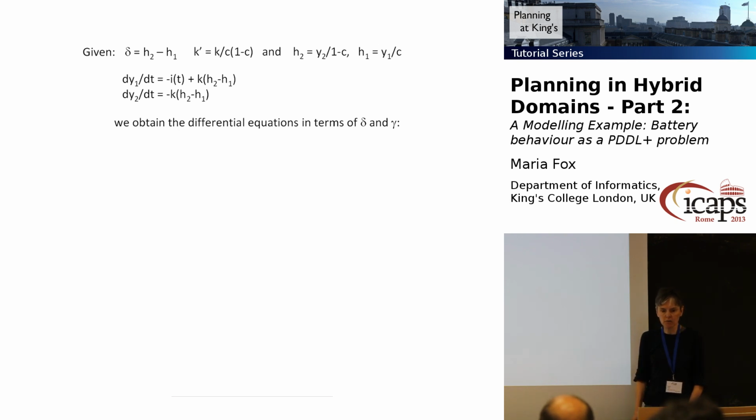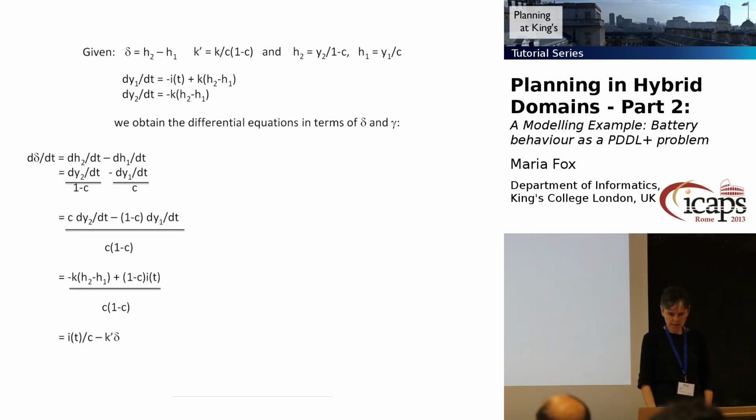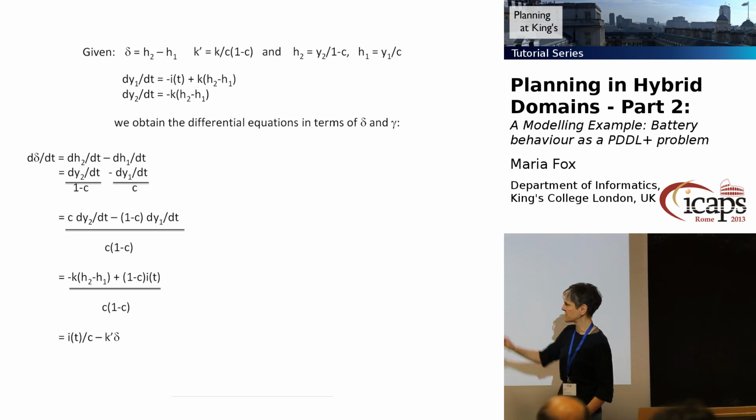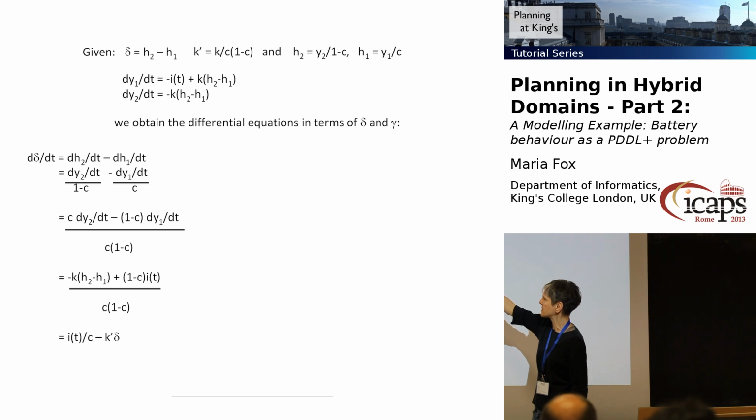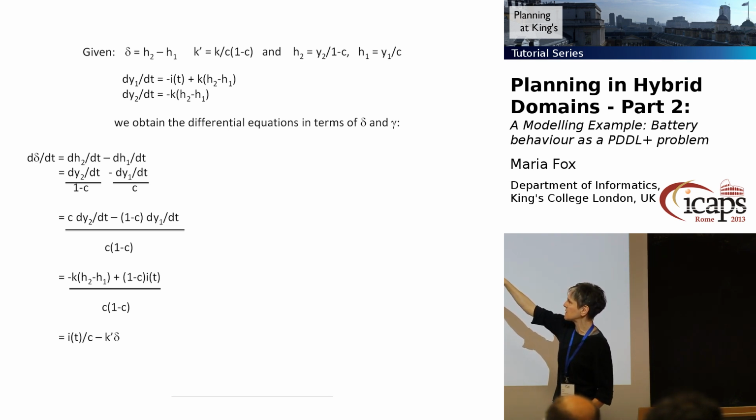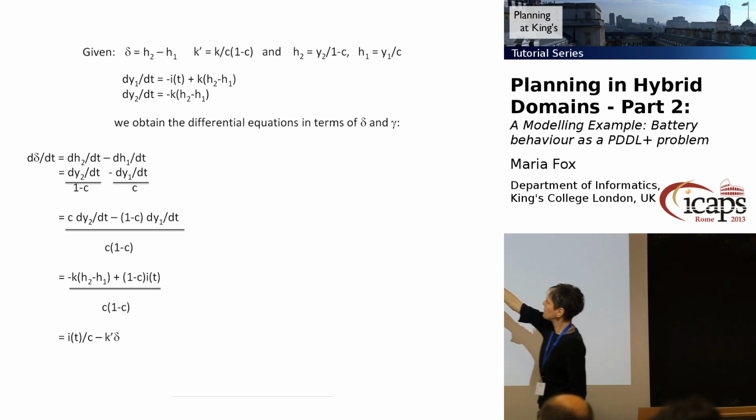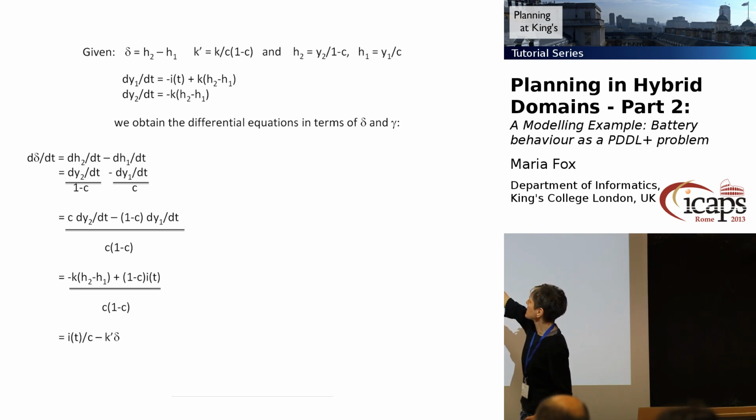Okay, so now we've got a certain amount of the behaviour of the model set up, but we want to obtain the differential equations in terms of delta and gamma, which are our two key variables. So we go through some algebra, which is much condensed here, but I'm sure you see the point. We want d delta by dt, which is given by dh2 by dt minus dh1 by dt because of the relationship up there.